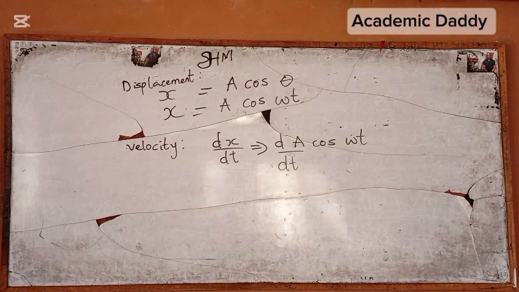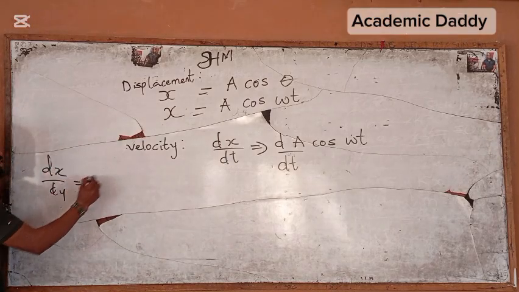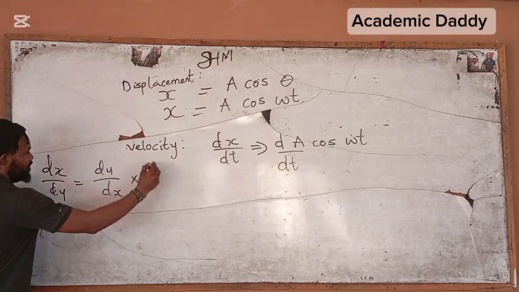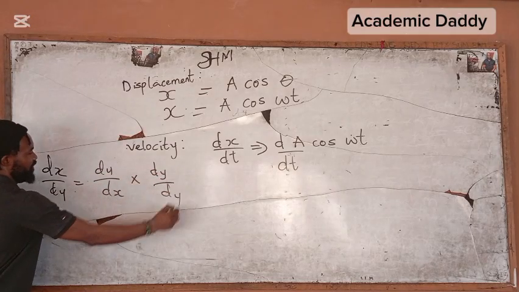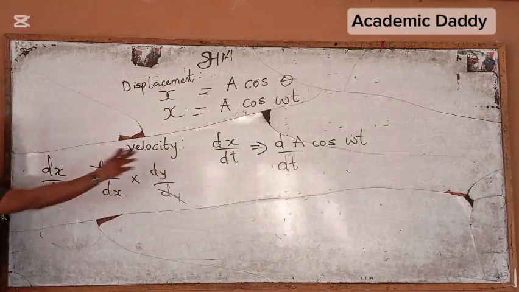If you remember, in secondary school, they tell you dy over dx becomes du over dx times dy over du, so that this cancels this, and you still have the same thing.